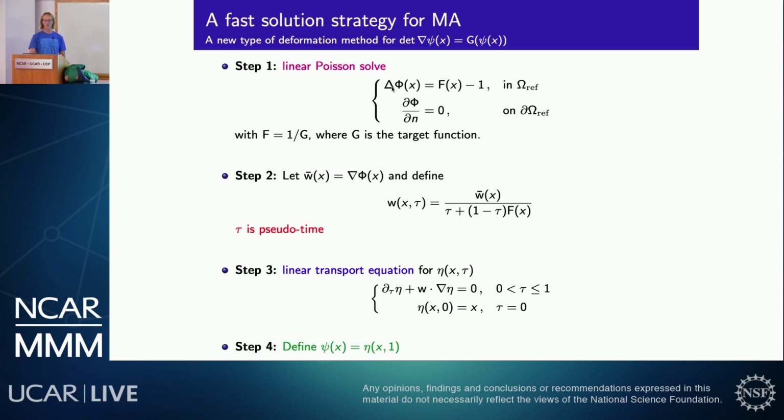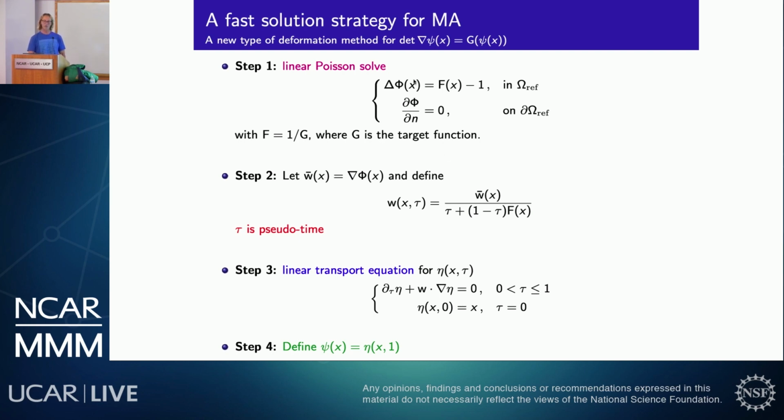So I'm going to solve for gradient phi in the following way. I take your rule function g. I say capital F is 1 divided by g. And then I solve this Poisson equation on the uniform mesh. We use a 4th order finite difference operator, but you can solve it in your favorite way, though you should have some accuracy to how you solve this.